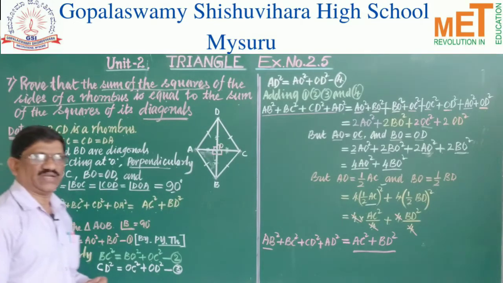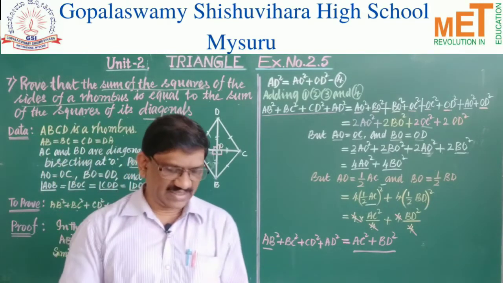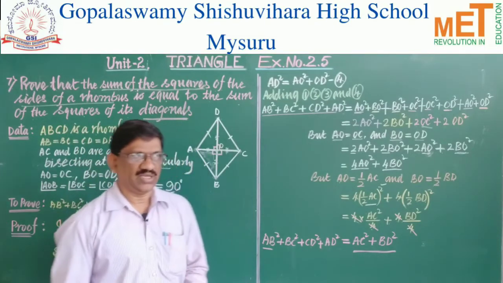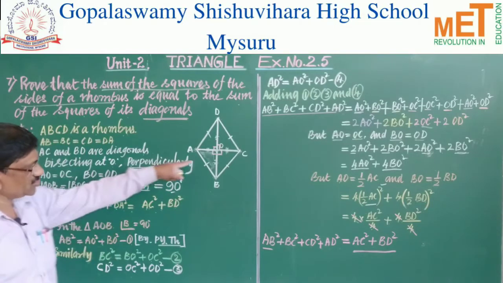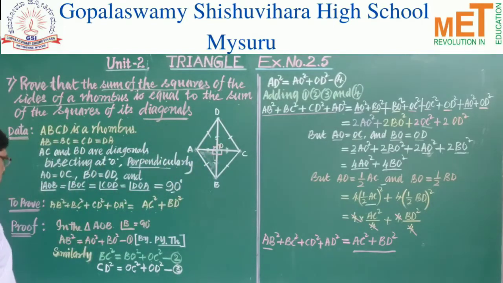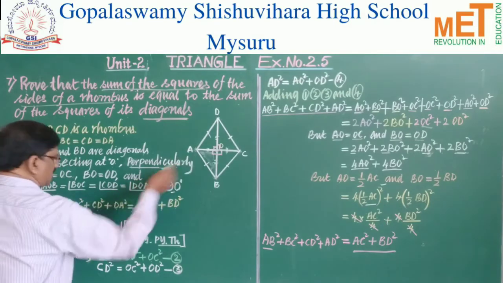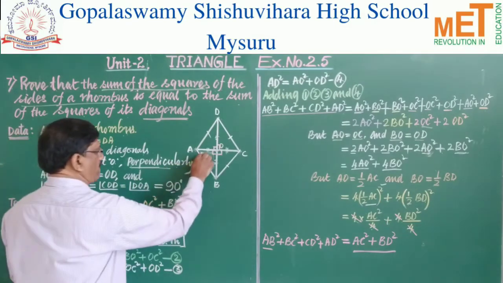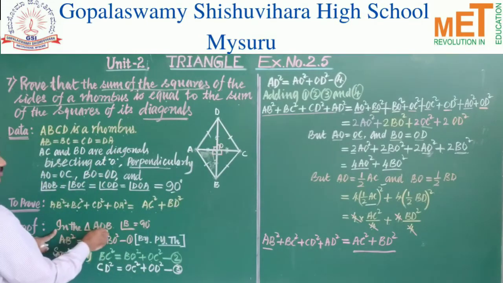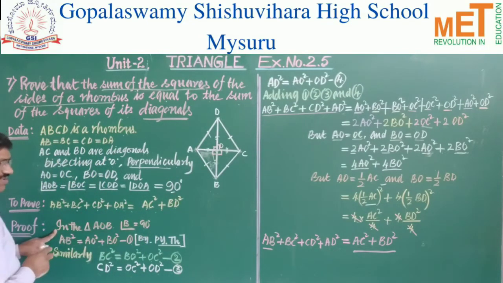So whenever you find a triangle which is having a right angle, you can apply Pythagoras theorem. So here also, for each triangle you can apply Pythagoras theorem. Clear, children? See here. So first I am considering the triangle AOB. So in the triangle AOB, angle O is equal to 90 degree.